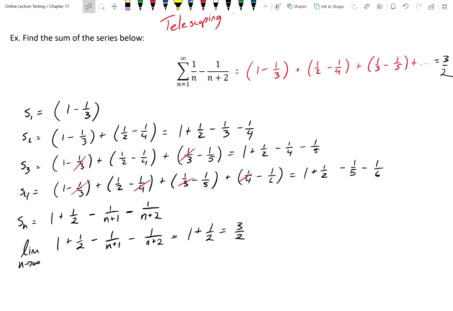Okay, and just to reiterate what a geometric series is, a geometric series is of the form the sum as n goes from 0 to infinity of a times r to the n, or n goes from 1 to infinity of a times r to the n minus 1. Those converge when, well, when do they converge? They converge when the absolute value of r is between 0 and 1, and diverge elsewhere. Okay, and if it does converge, it converges to a particular sum of a over 1 minus r.